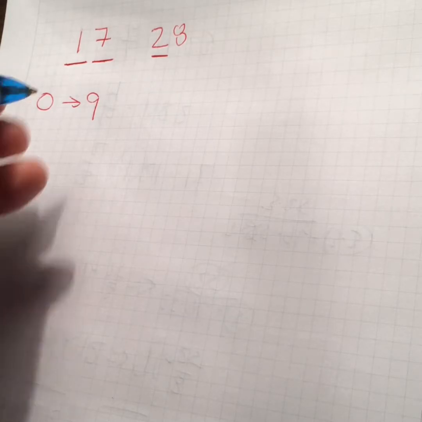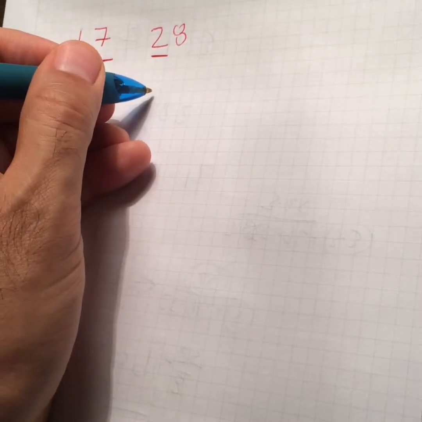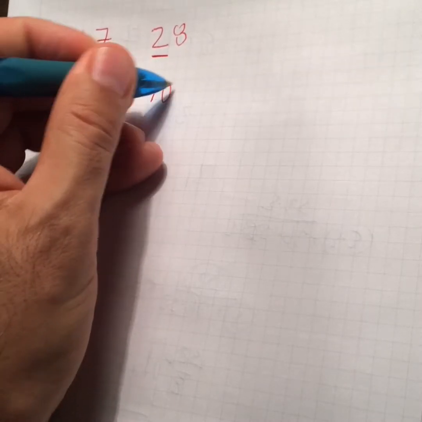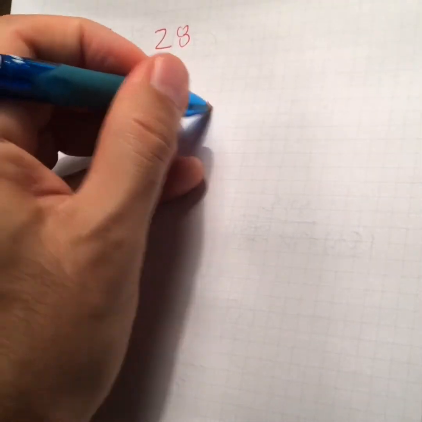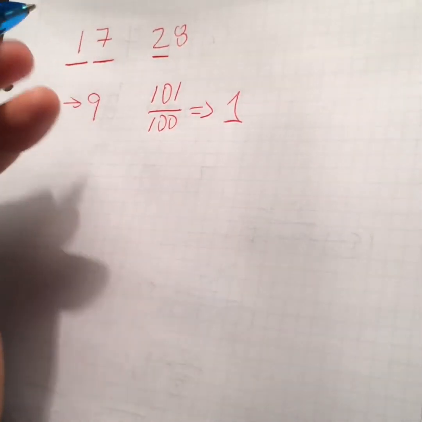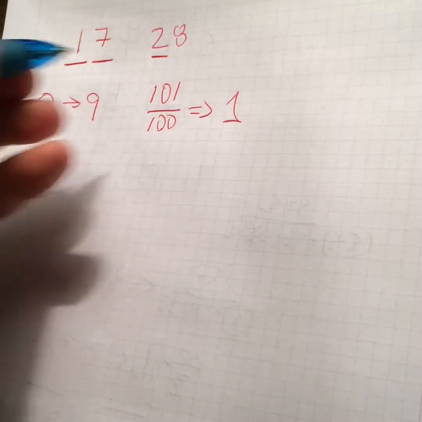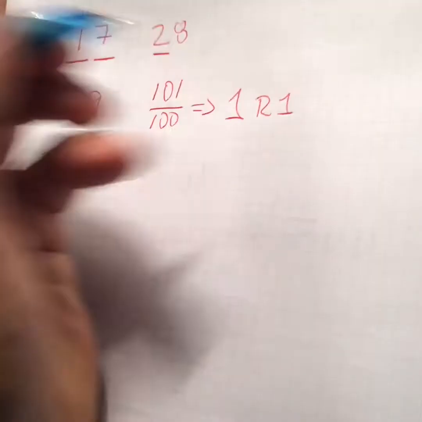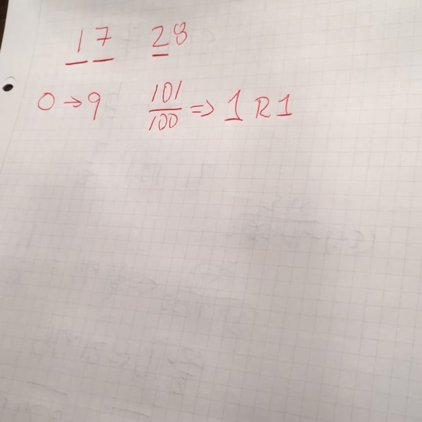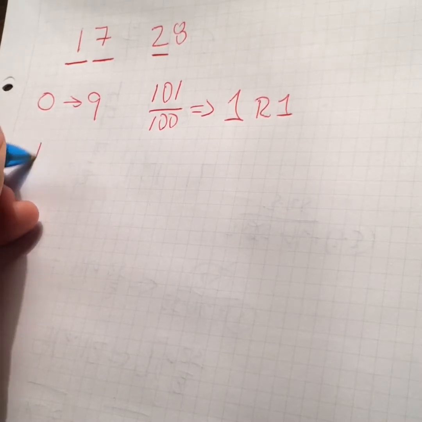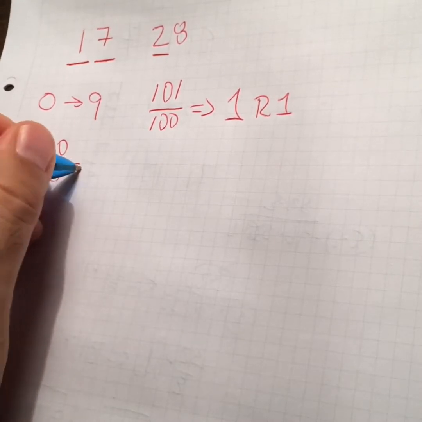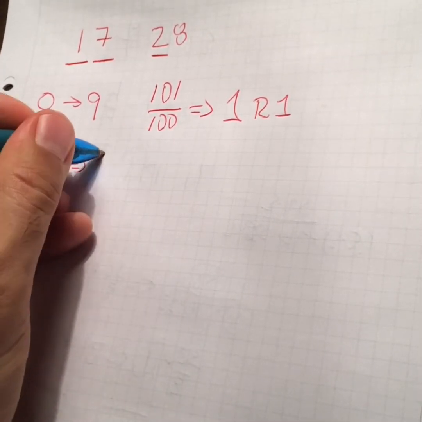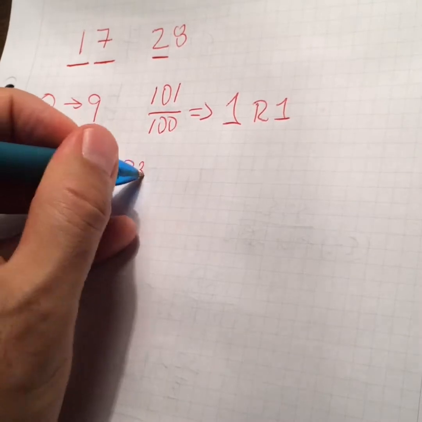You could randomly check, let's say we take 101 and divide it by 100. It equals 1 whole, with a remainder of 1. So from that we might see that 130 divided by 100 would give us 1 with a remainder of 30.